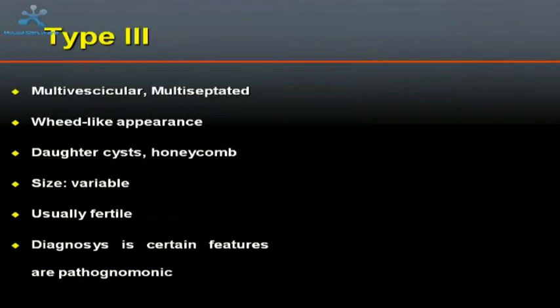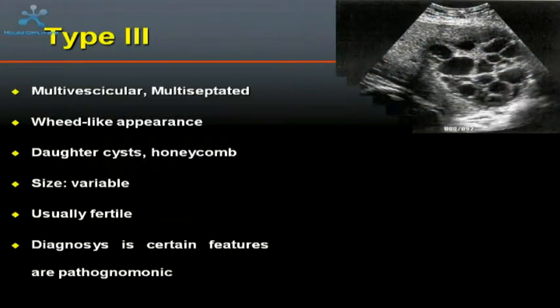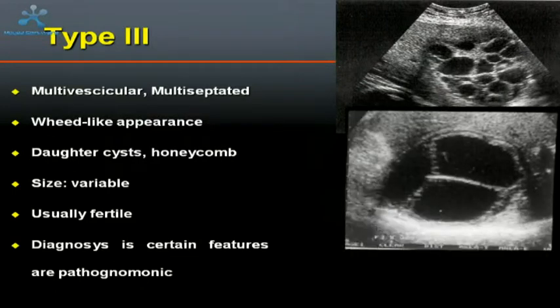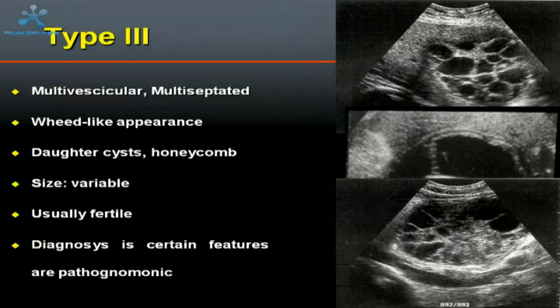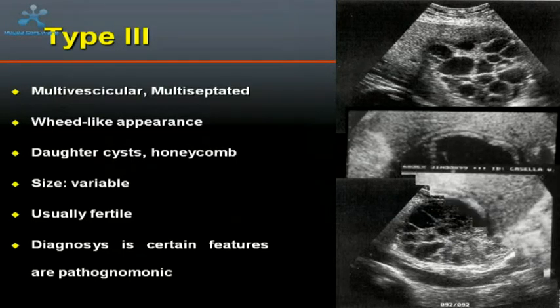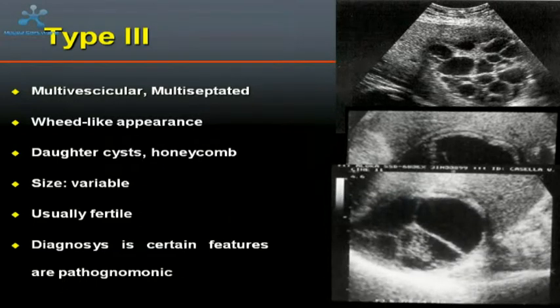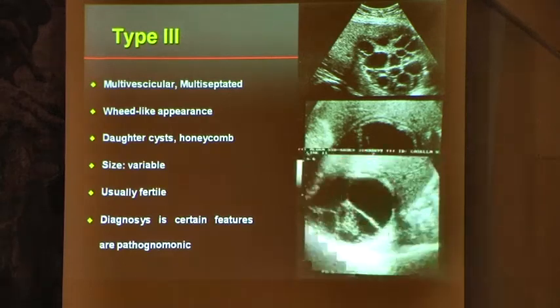Type 3 is multivesicular, multiseptated, sometimes with a wheel-like appearance, with other cysts or an echogenic aspect inside. It is usually fertile, and the diagnosis is very easy because it is pathognomonic, unless a septated abscess or a septated cyst can be suspected.